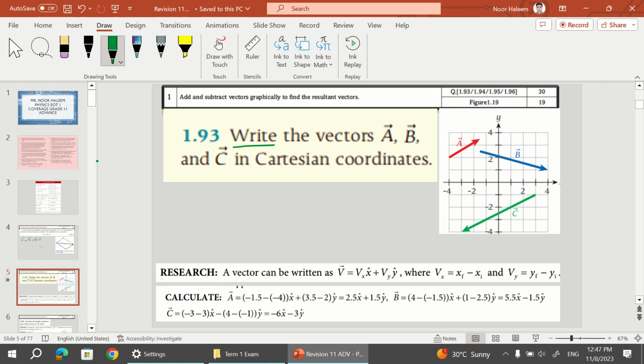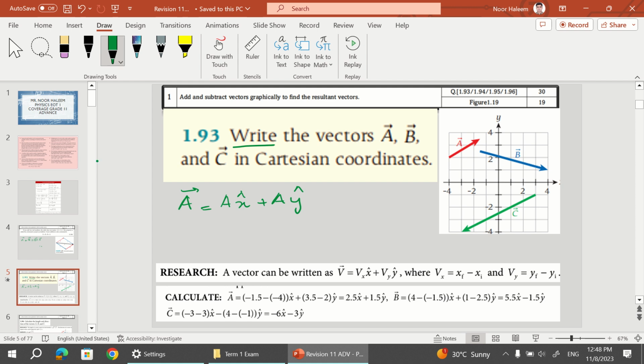For example, we have a vector A, and that vector can be represented as A, the magnitude along x and the direction, plus A, the magnitude along y-axis, y unit vector. This is the way how to write.